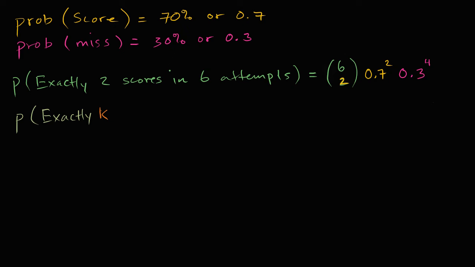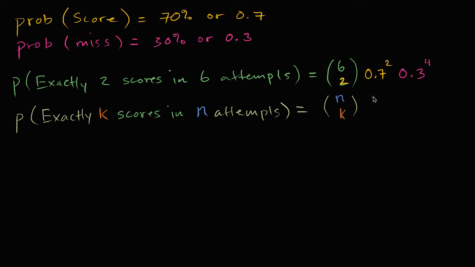So exactly K scores in N attempts, and let me go back to that green color, N attempts, is going to be equal to, well, how many ways can you pick K things out of N? Or N choose K.